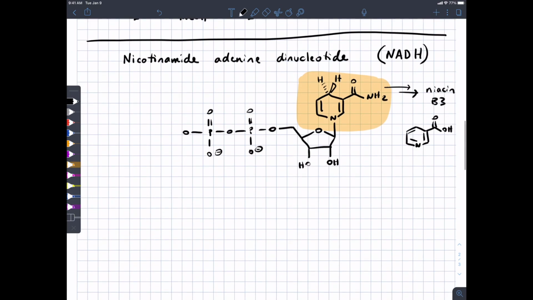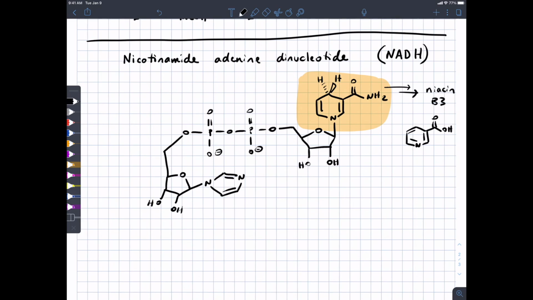And then the other part of the molecule is here, another 5-membered ring sugar. And then we're going to put the base adenine at this position.